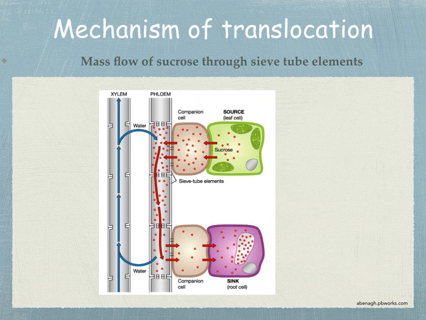So as a result of water entering the cells at the source, at the top, and leaving at the sink at the bottom, you've got a hydrostatic pressure being created. This creates a mass flow of the sucrose solution along the phloem, so that middle part there. Now this is a passive process, this mass flow. We're going to look at an experiment to demonstrate this process in a moment.